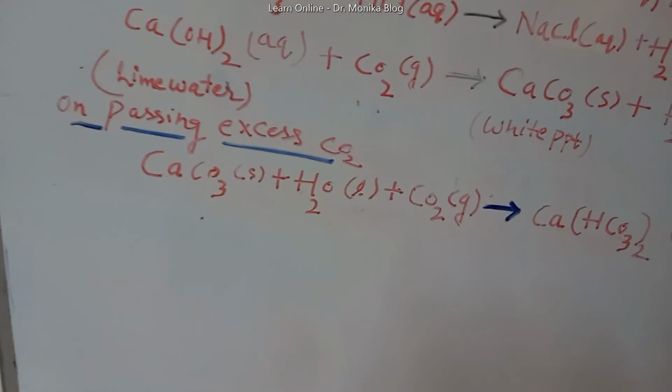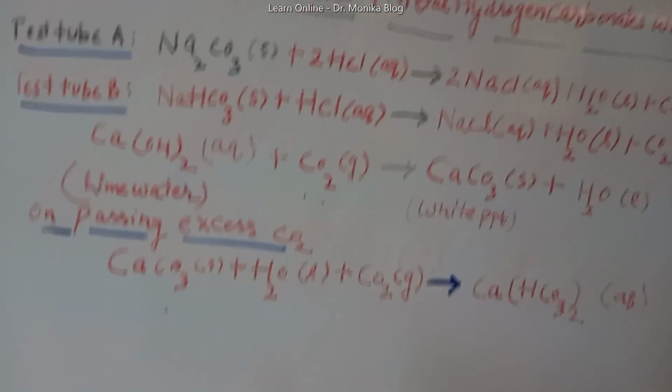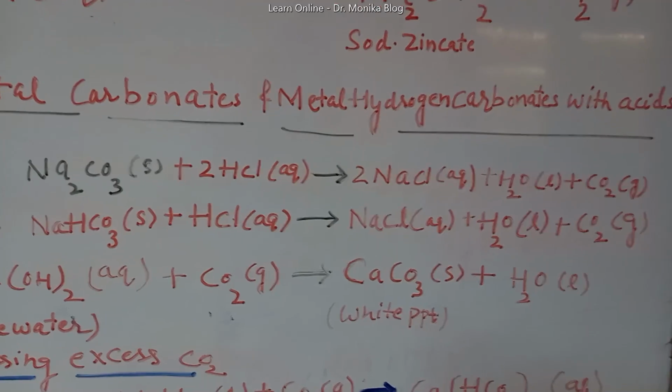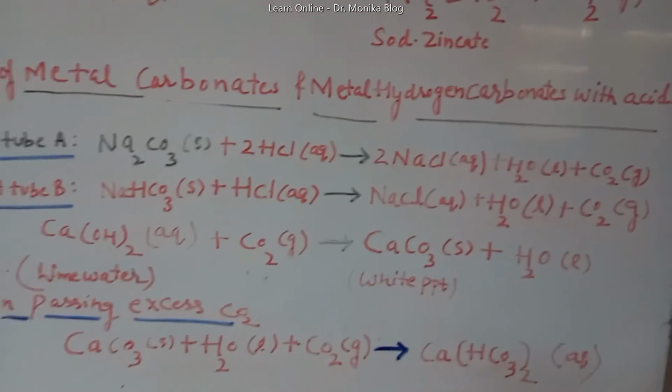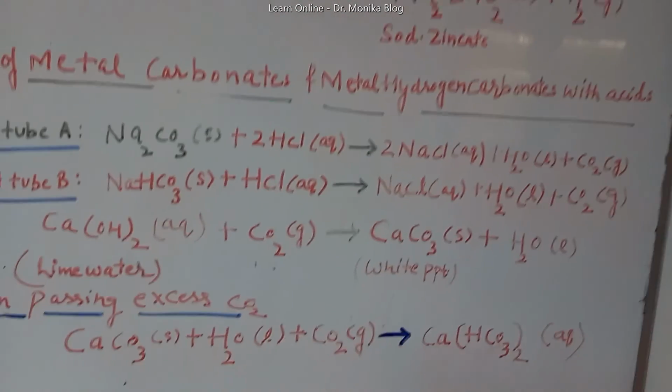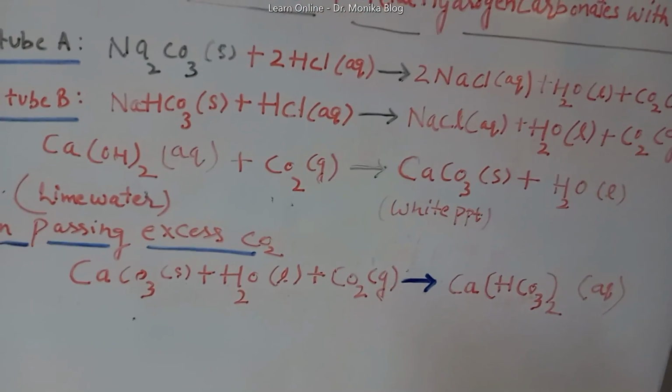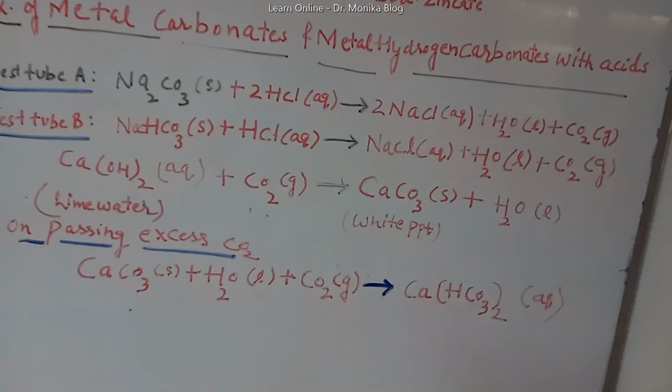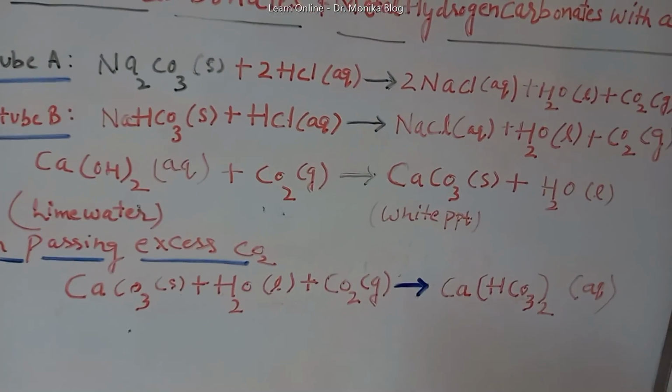So we can say when a metal carbonate or metal hydrogen carbonate reacts with acid, the final products we get are salt plus carbon dioxide gas plus water. Hope this is clear.